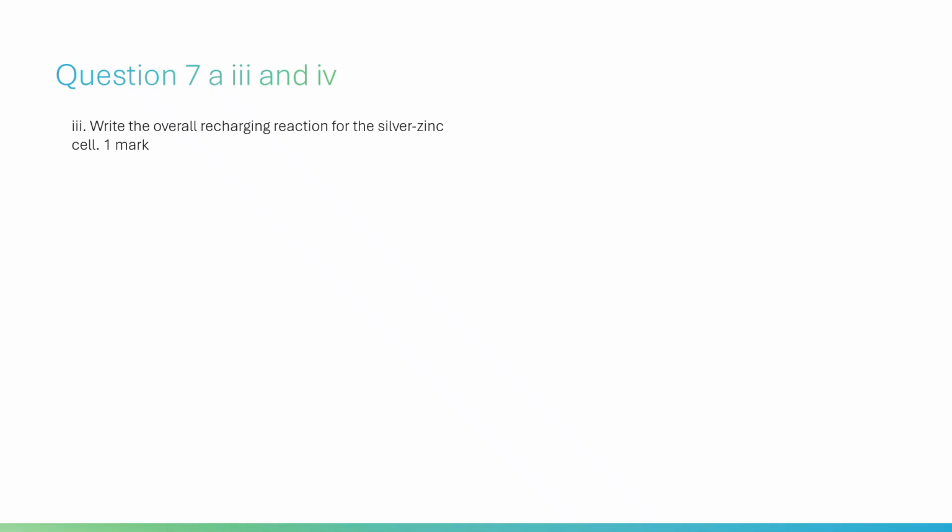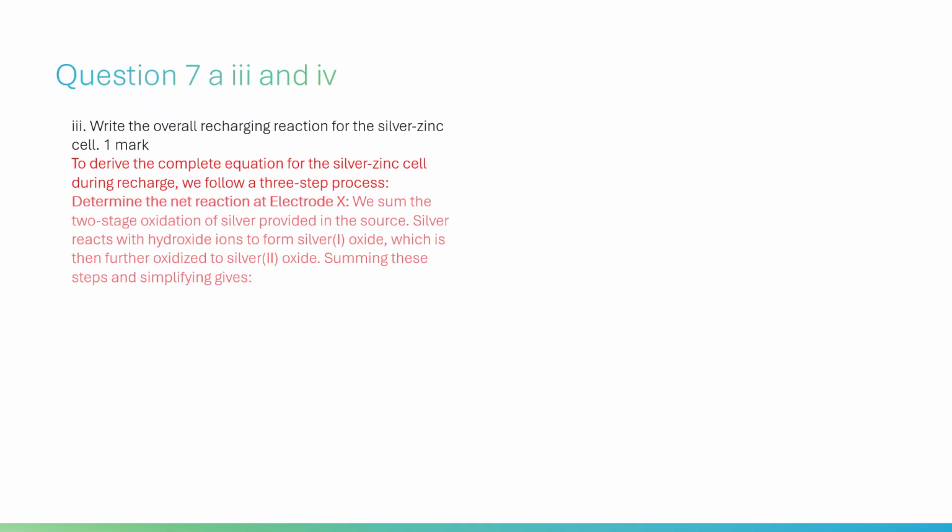To derive the complete equation for the silver-zinc cell during recharge, we follow a 3-step process. Determine the net reaction at electrode X. We sum the 2-stage oxidation of silver provided in the source. Silver reacts with hydroxide ions to form silver(I) oxide, which is then further oxidized to silver(II) oxide.